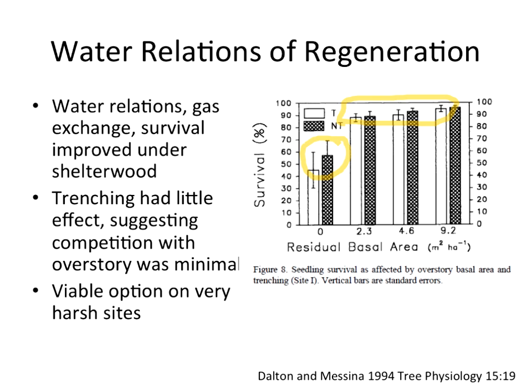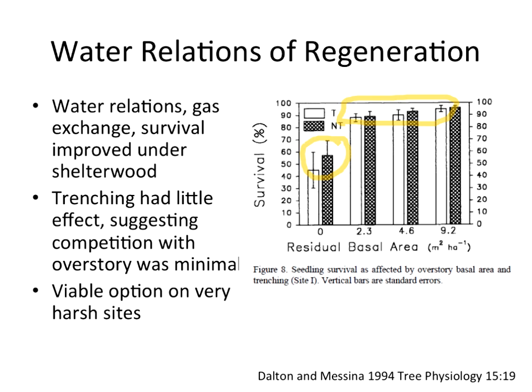So basically what this study showed, and some others showed, was that there is a protective effect of the overstory, and that the overstory trees basically had more of a positive effect through capturing some of the incoming radiation and cooling of the microsite than any negative effect through competition they might have.